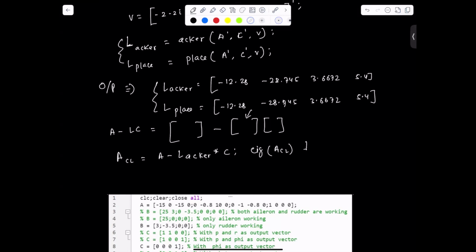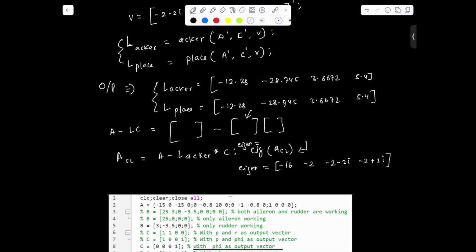If you enter it, we get the eigenvalues: minus 16, minus 2, minus 2 minus 2i, and minus 2 plus 2i, right?